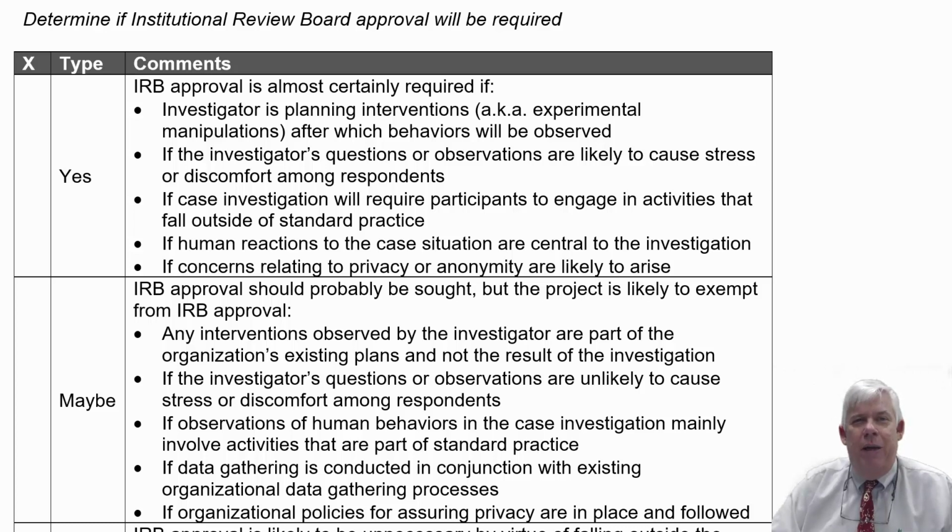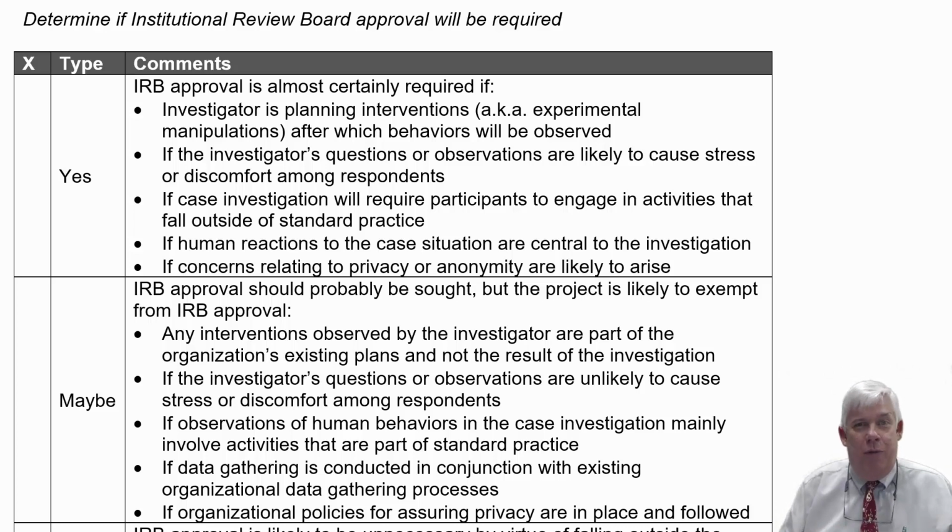So IRB approval is almost certainly going to be required if you are planning interventions and looking at people's reaction to those interventions. There you're essentially doing an experiment, and if you're going to be observing behaviors before and after, that's definitely an area that the IRB is going to want to look at.